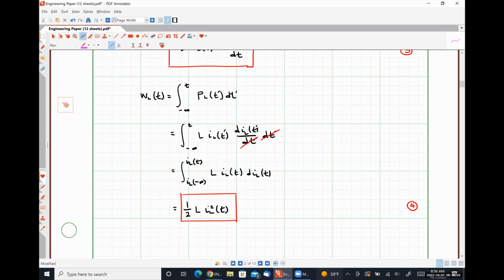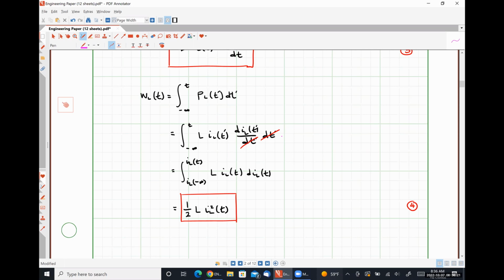All right. So we have these four equations that govern the behavior of inductors in any and all electrical circuits. Just these four, we have fully described how these guys behave.